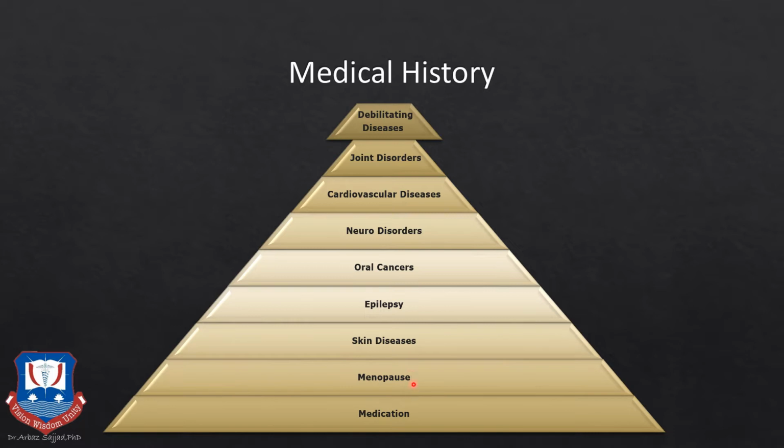In case of females, whether the patient has reached menopause or not. And lastly, medications that may interfere with the systemic conditions as well as the salivary flow of the patient.